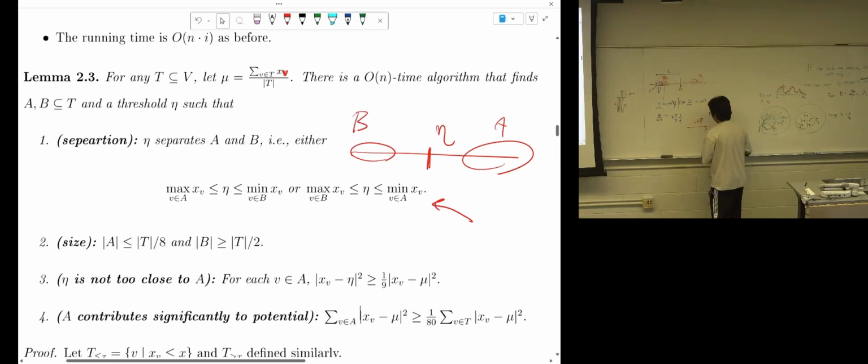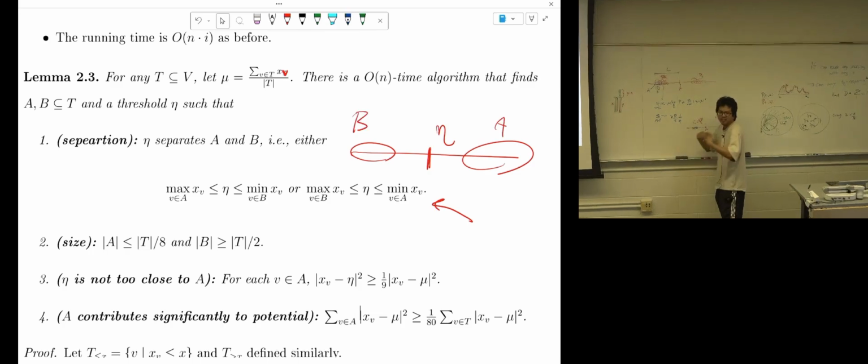So there is something in the left, something in the right. But suppose that the left part contributes to the potential so tiny.